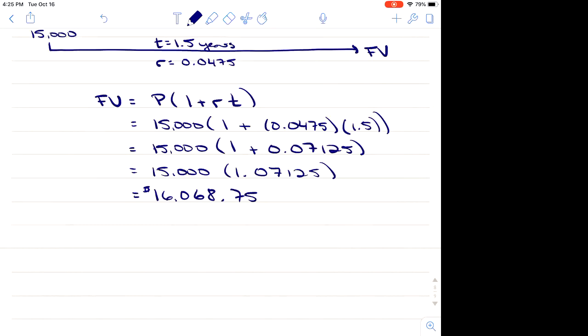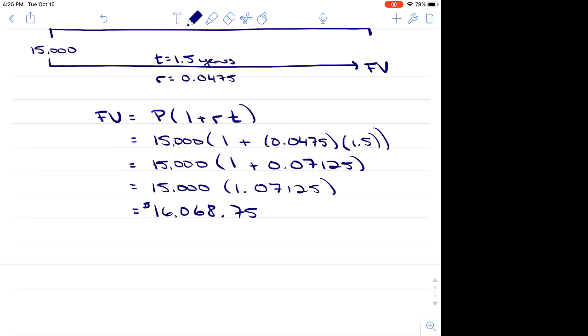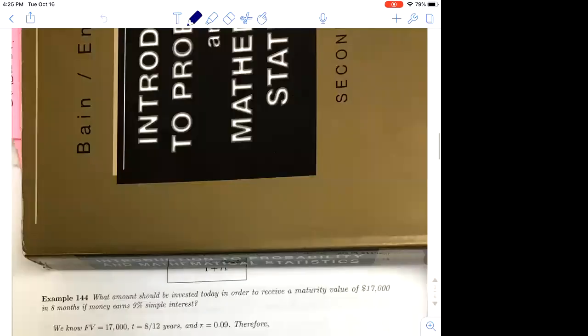Nice, right? Okay, so let's do another example, maybe one where we have to solve for P instead. Not too bad. Example 144.